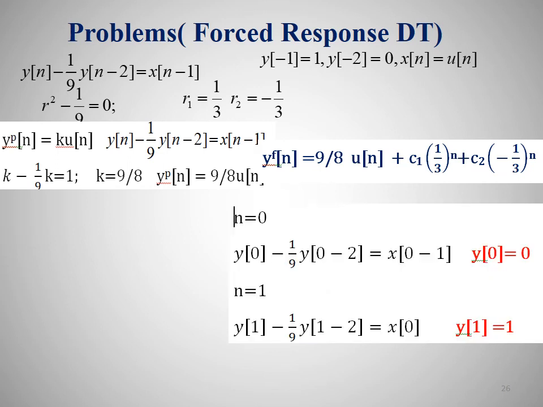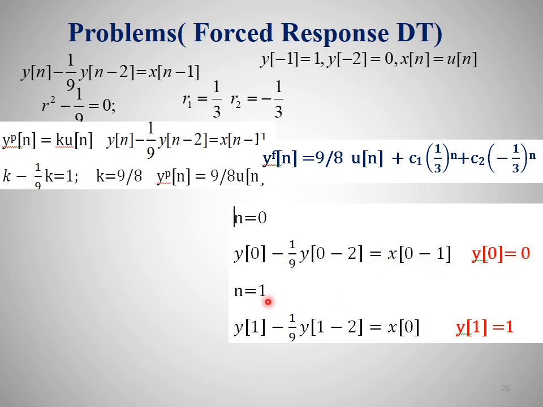Now let us try to obtain the values of the discrete time equation when n equal to 0 and n equal to 1. When n equal to 0, we get y of 0 minus 1 by 9 y of minus 2 is equal to x of 0 minus 1. This results in x of minus 1. X of minus 1 is undefined, so y of 0 becomes equal to 0.